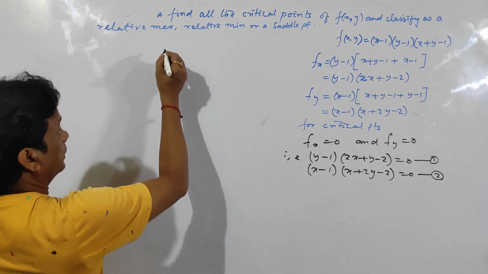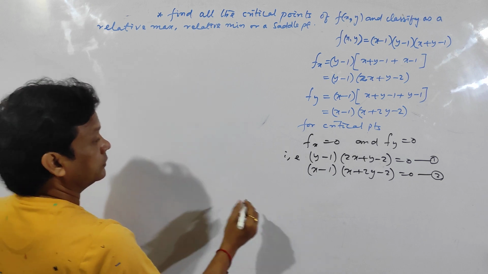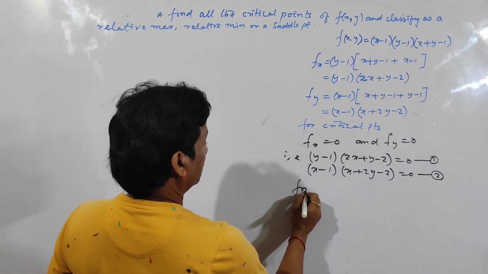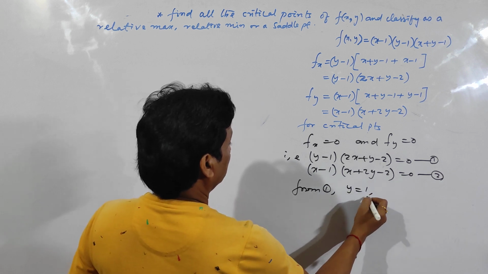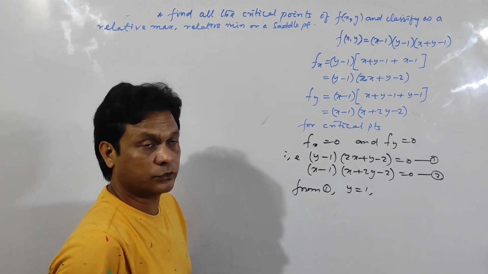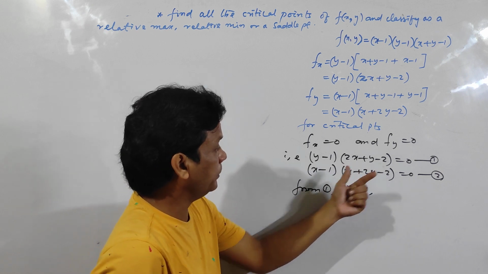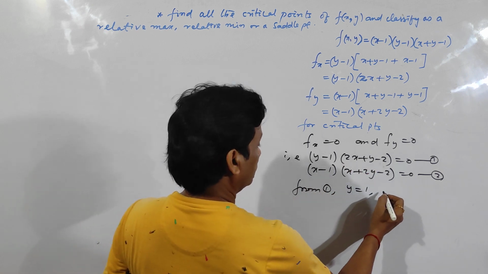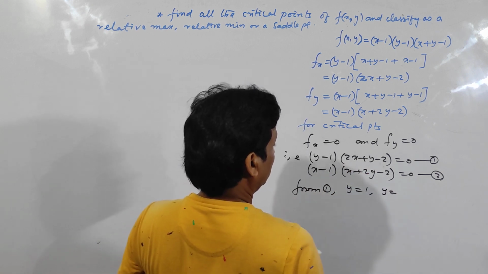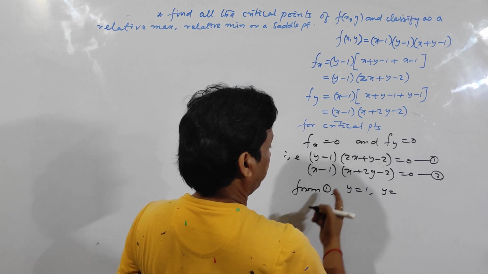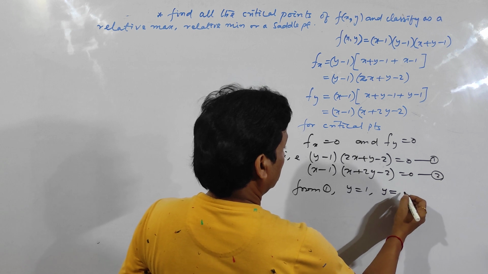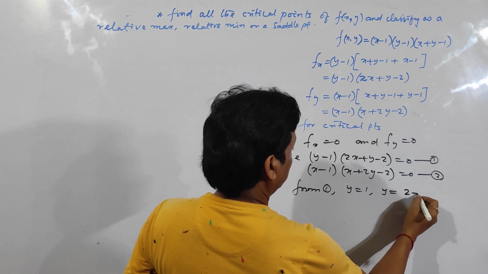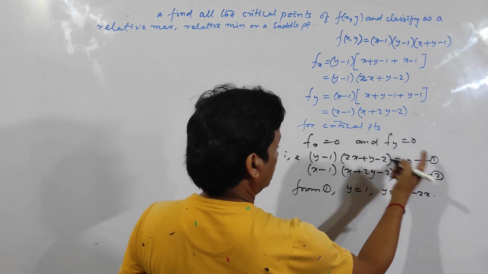From equation 1 we get y is equal to 1, because this one equal to 0 means y is equal to 1, and this part equal to 0 means y is equal to how much? Y is equal to 2 minus 2x.